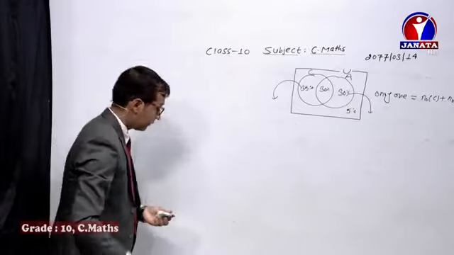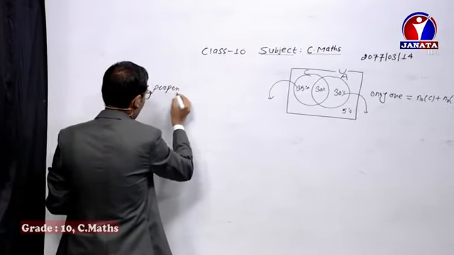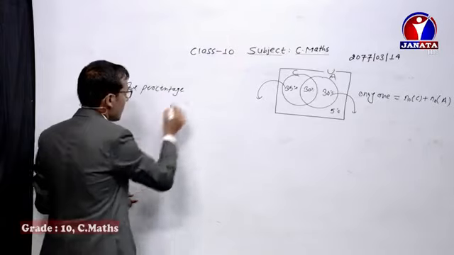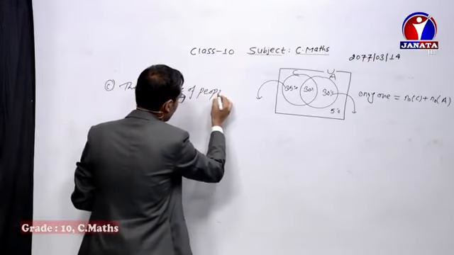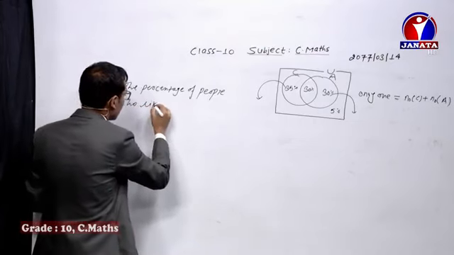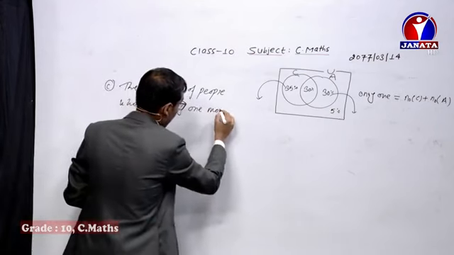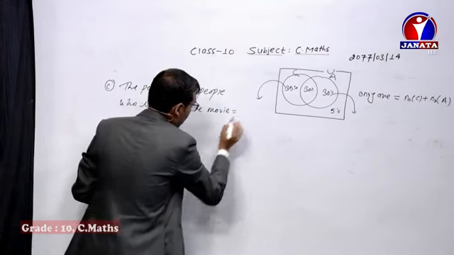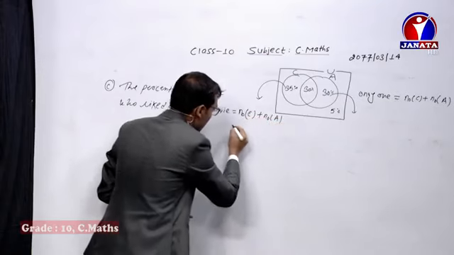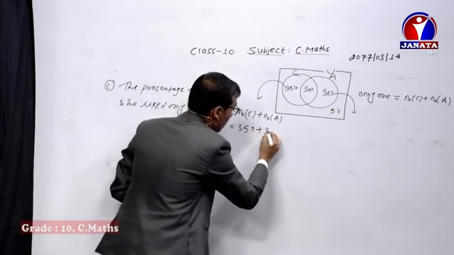For number C, the percentage of people who liked only one type of movies is equal to only C plus only A. So it gives only C is 35% plus 30%.